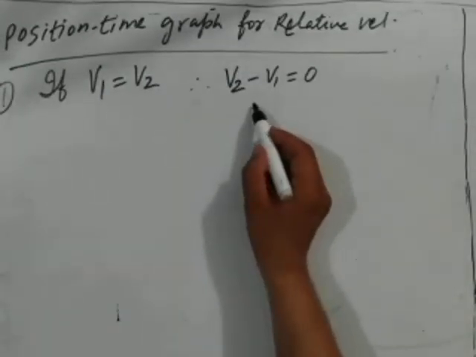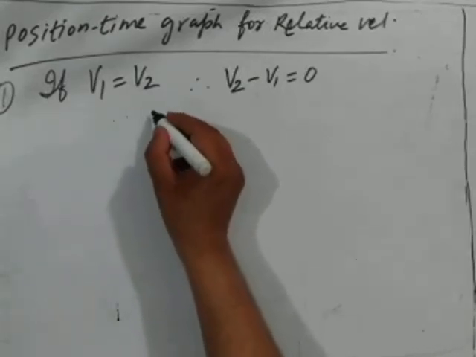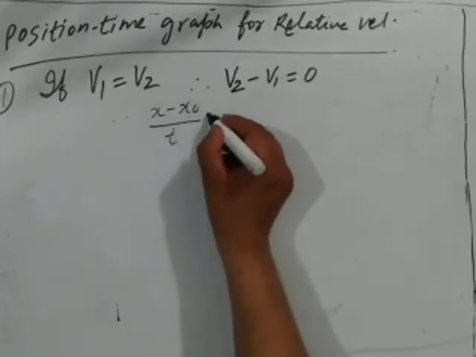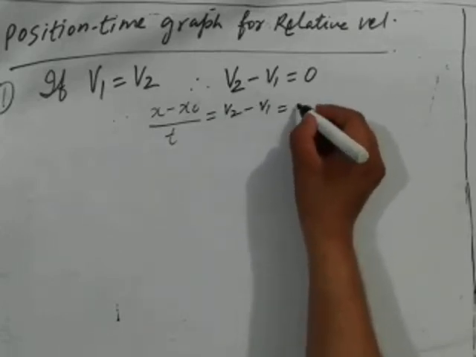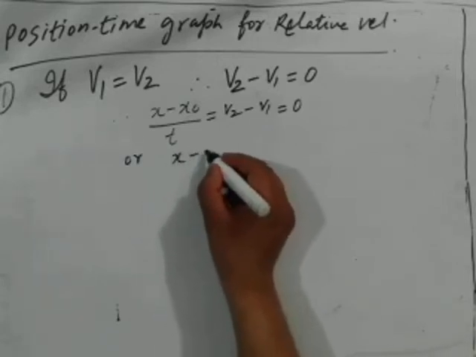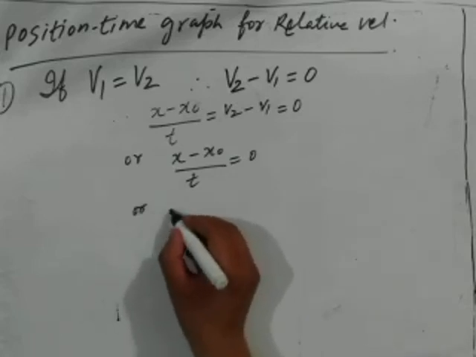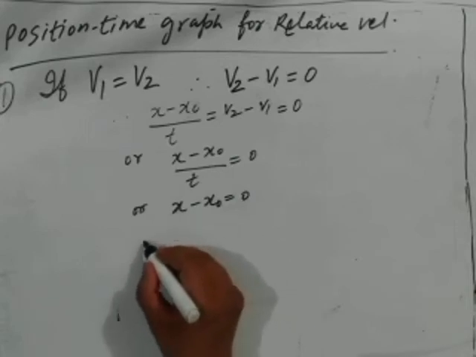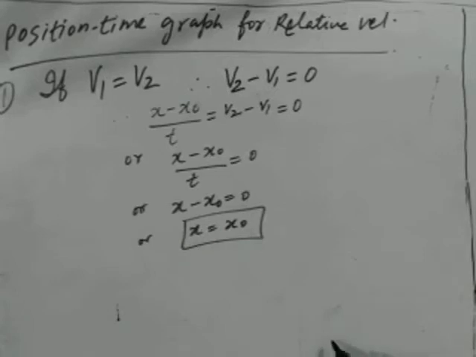And if we put this value in the above equation, x minus x0 upon t is equivalent to v2 minus v1 equivalent to 0, or x minus x naught equal to 0, or x equal to x naught.